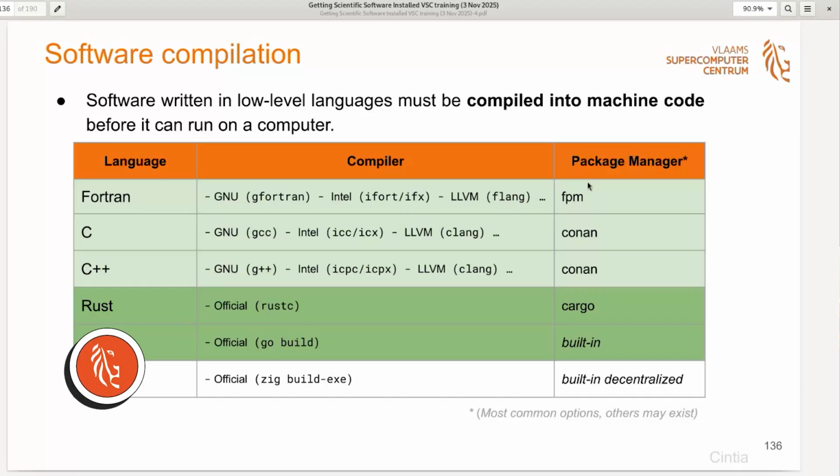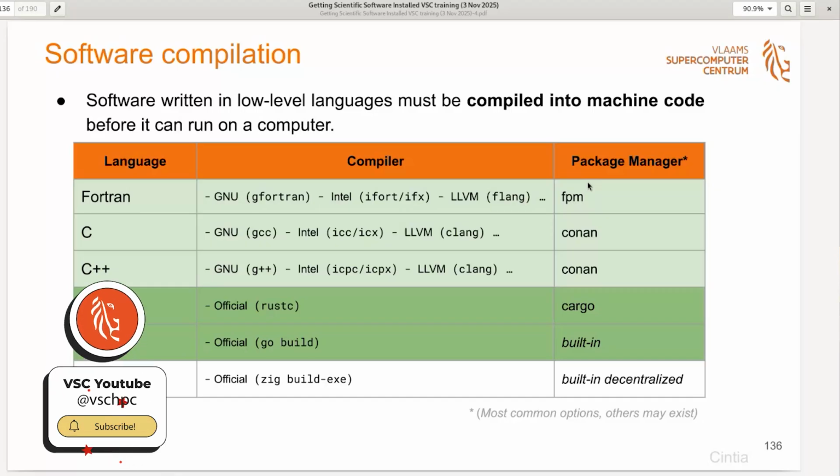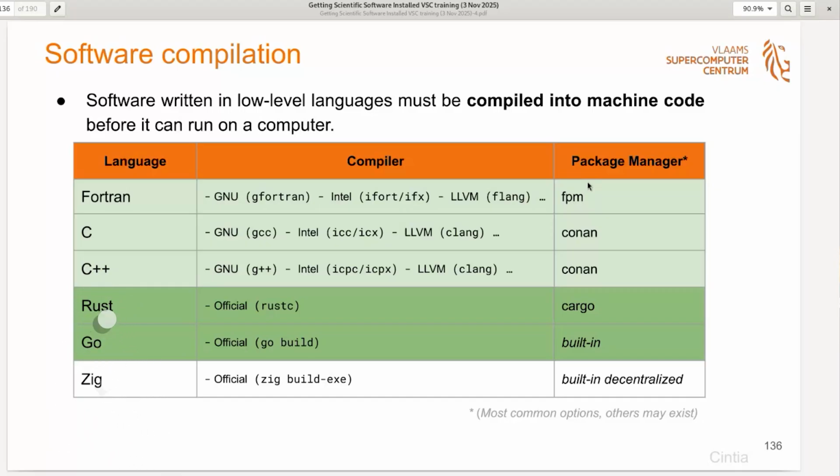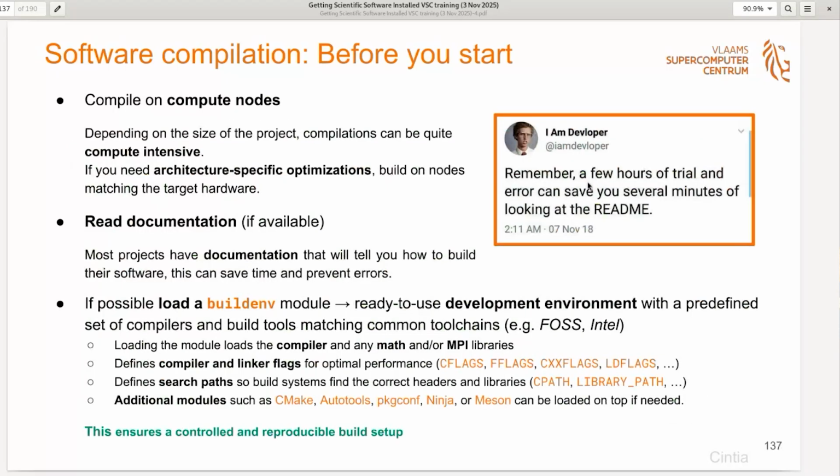So before compiling something yourself in a cluster, there are a few things that you have to take into account. For example, compile on compute nodes. Maybe the thing that you want to compile is very small and it will not take a lot of computing power, but it's safer to do it in a compute node anyway.